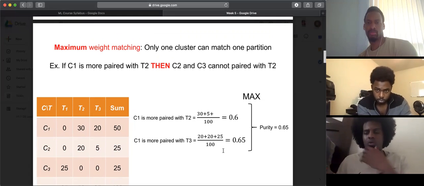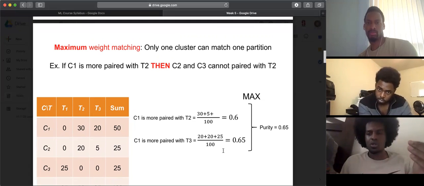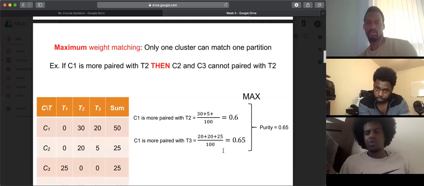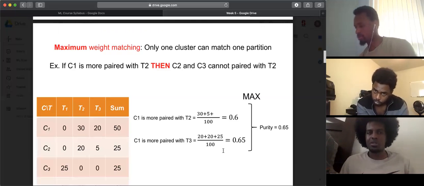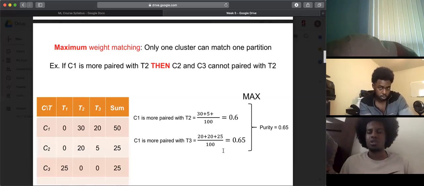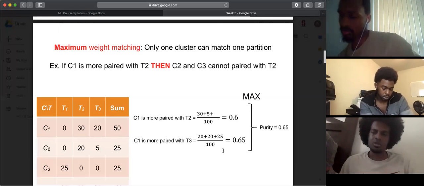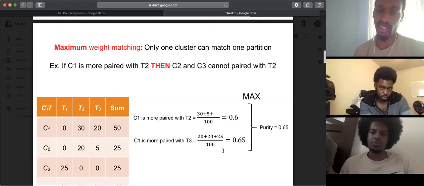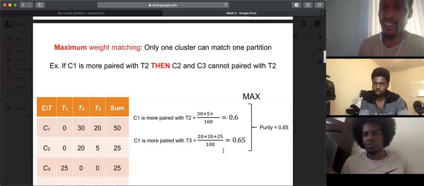And the higher your purity score is, the more correct your original clustering C is. So if you have two mappings with really close purity scores, that means that either of them could be predicted, and the one you didn't predict still has a high correlation with the other cluster. Or the other means your clustering is bad. Yeah, that's what it comes down to.